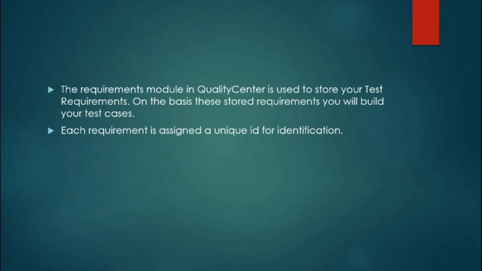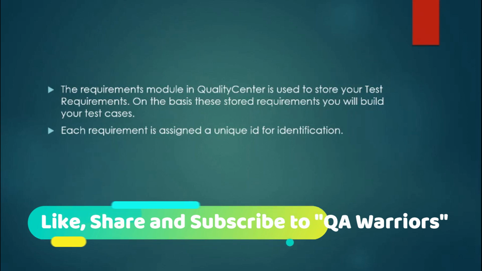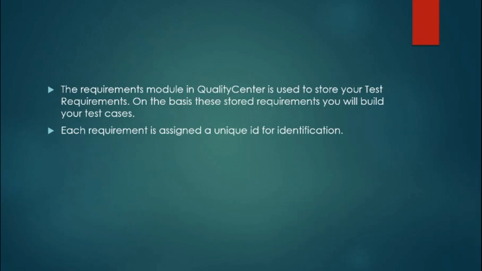On clicking on the requirement ID, you will be taken to the requirement detail section, where you will see all the details related to the requirement: for which release it is created, for which cycle it is created, the description of the requirement, the attachment, the BRD, and the requirement document that is provided by the client. Everything you can see after going inside the requirement, and also the test cases that are mapped to the requirement you can see by hitting the requirement ID.